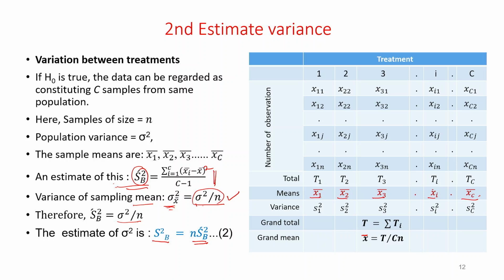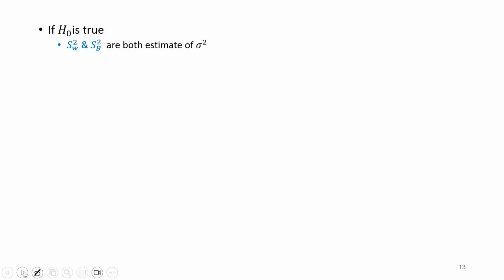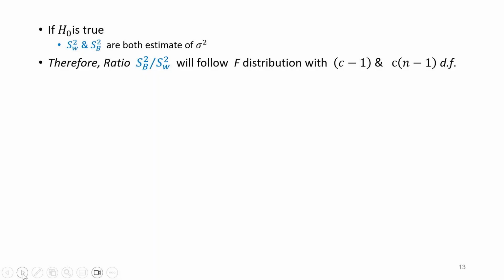So these are the two different estimates of sigma square. If H0 is true, these two estimates, S square W and S square B, are both estimates of sigma square.